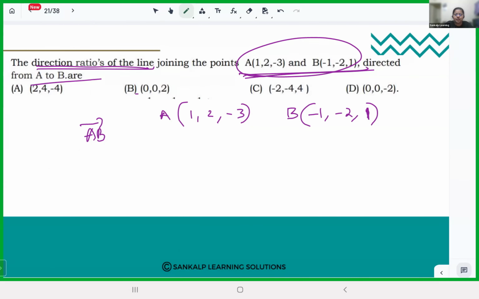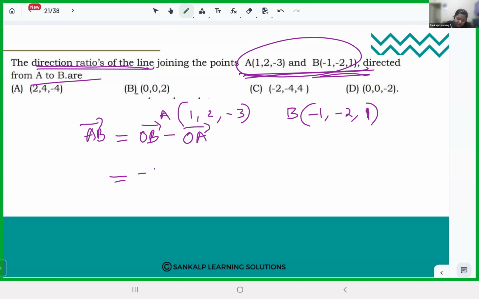How will you find out the vector AB? First, we need to find out the vector AB, right? Then only you can find out the direction ratios. Vector AB is nothing but position vector of B minus position vector of A, isn't it? So what is the position vector of B?